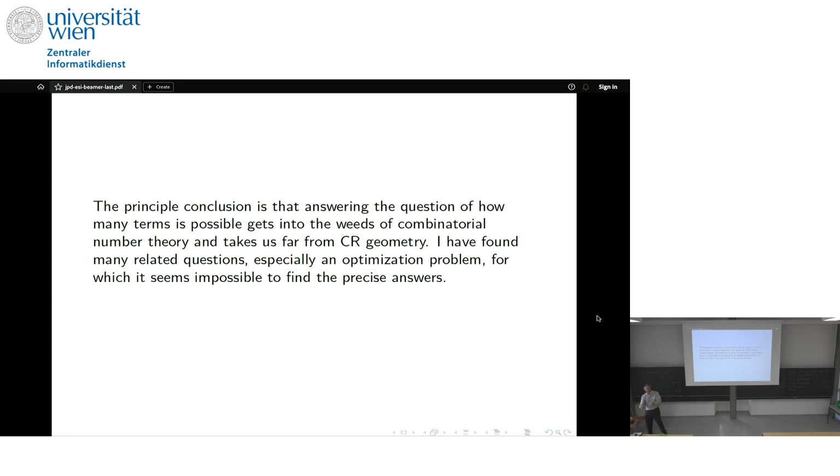Because this talk is just the weeds of ridiculously complicated, technical combinatorial number theory that arises very naturally in CR geometry. So I'm sure there are many people in the world better equipped than myself to solve some of these, but it is what it is.